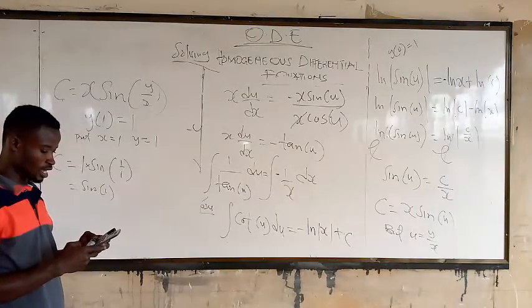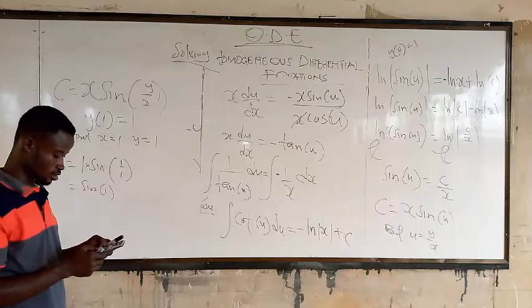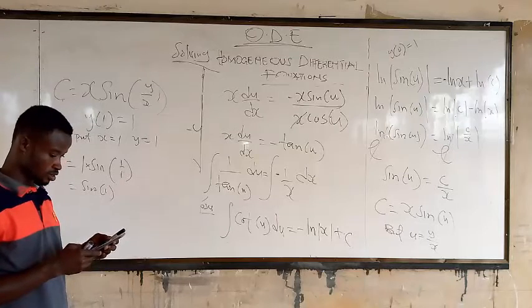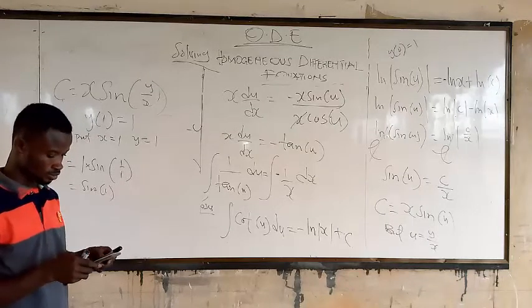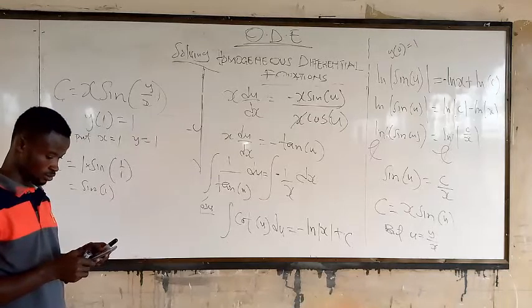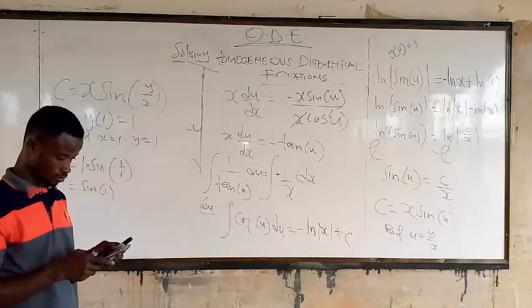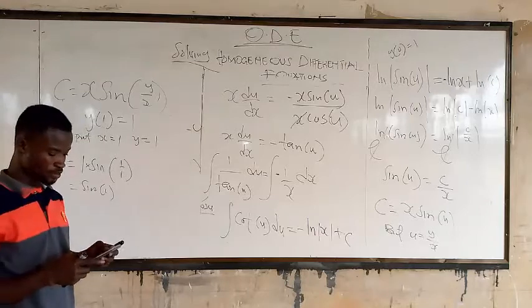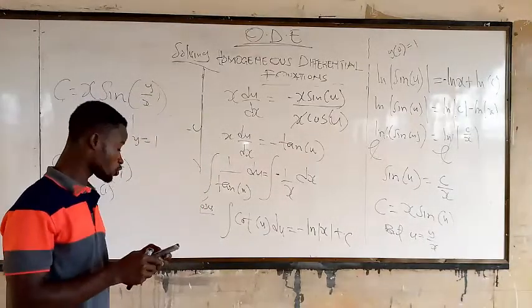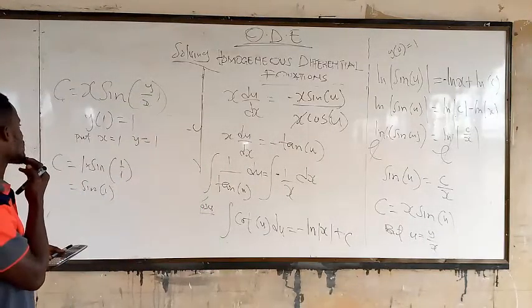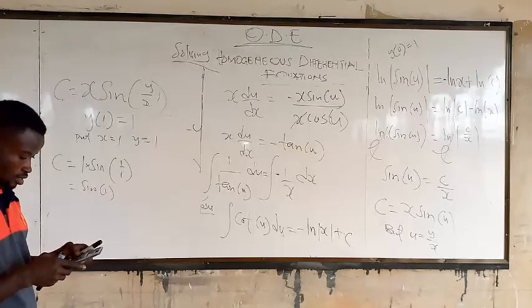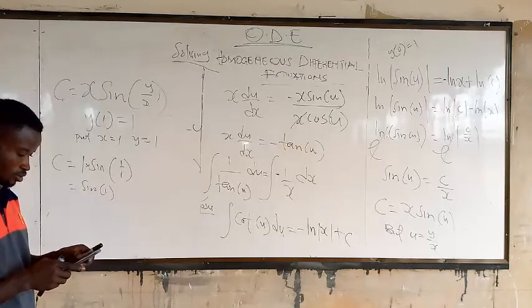Let me use the calculator, and we are going to get it in degrees. Okay, you see it's approximately 0. Then let's choose a correct one.